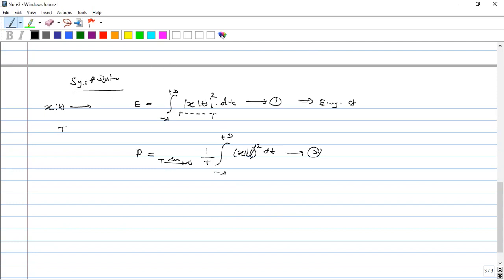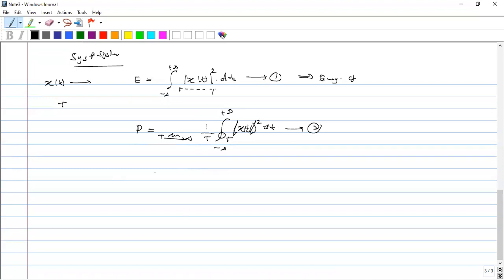Here it is the absolute value, 1 by T, and we have to integrate this section over T. So this is the general expression to find the normalized power content of this x(t) signal over a certain duration, this T duration.